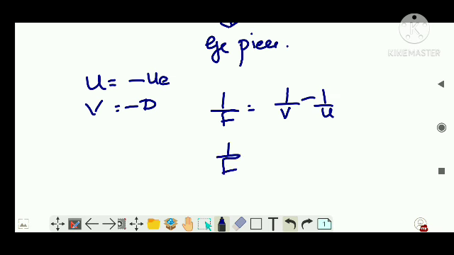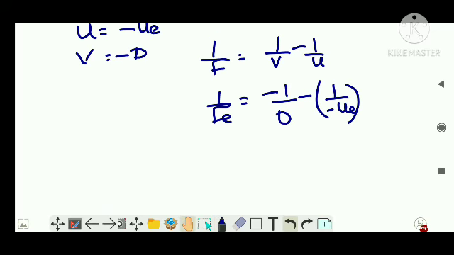That is 1 by FE, for the eyepiece, is 1 by minus D minus of minus UE. Or I can write 1 by UE is equal to 1 by D plus 1 by FE.